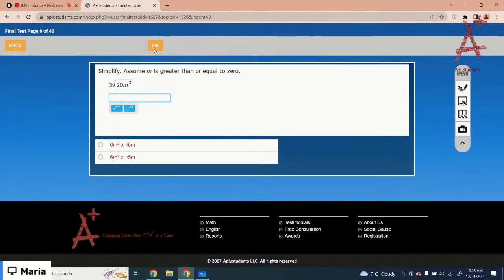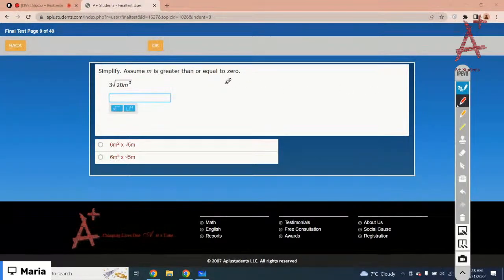Simplify. Assume m is greater than or equal to 0. So write the 20 as prime factors. Got it? It would be 2 squared times 5. And you can write m to the 5 as m to the 4 times m.